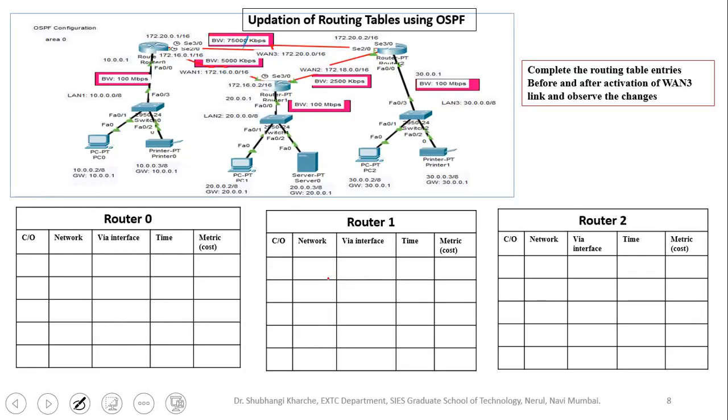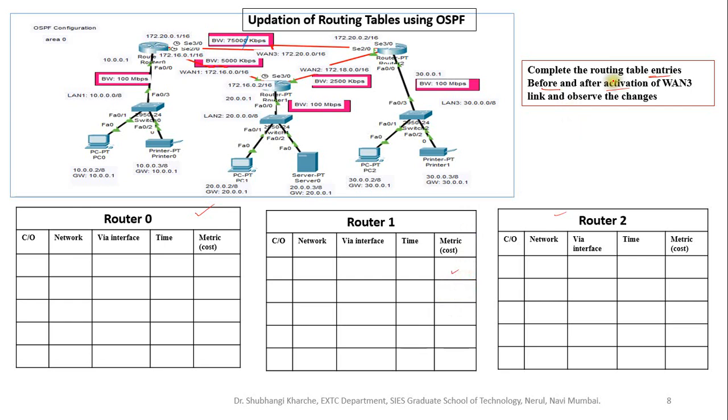And after configuring the OSPF routers, you can note down the updated routing tables for router 0, router 1 and router 2. You have to note down the routing table entries before the activation of the WAN 3 link and after the activation of the WAN 3 link, and observe the changes in the cost metric calculation.